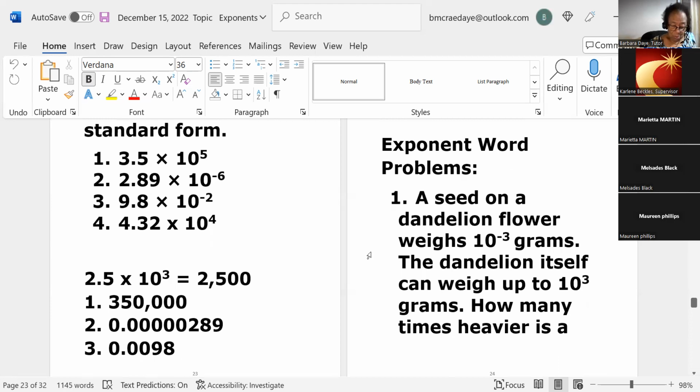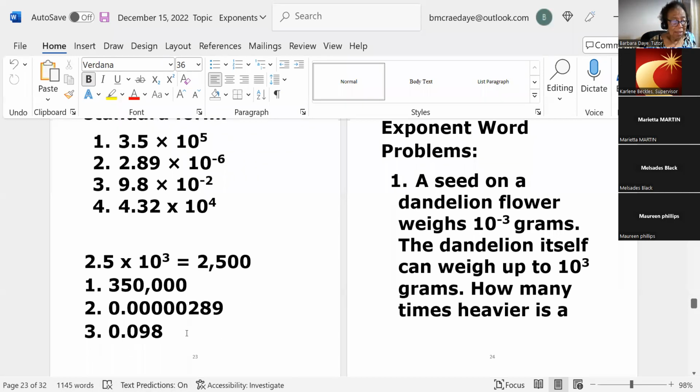You would only need one 0, because when you move the decimal point between the 9 and the 8, that's 2 places. So you would need just one 0 because it's 10 to the -2 and you've already got the 9 here. So it's always 1 less.